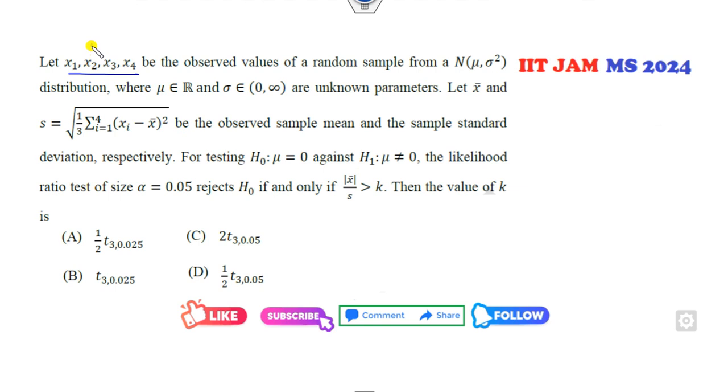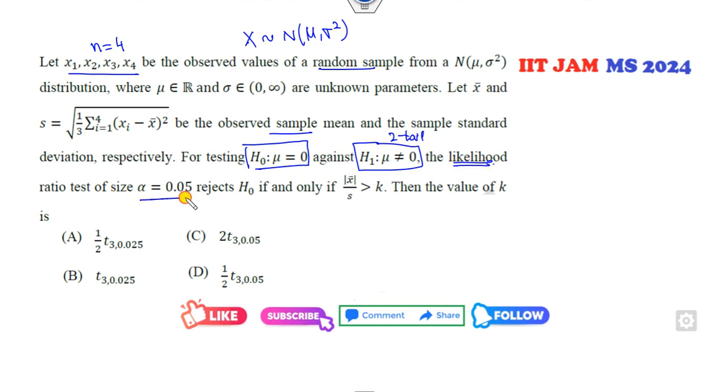X1, X2 up to Xn, where n is equal to 4, is the sample which follows the normal distribution here. Then X bar is the observed sample mean, and here in the testing of hypothesis, this one is my two-tail test. Then the likelihood ratio test of this, a critical region is already given to you. It's a two-tail.